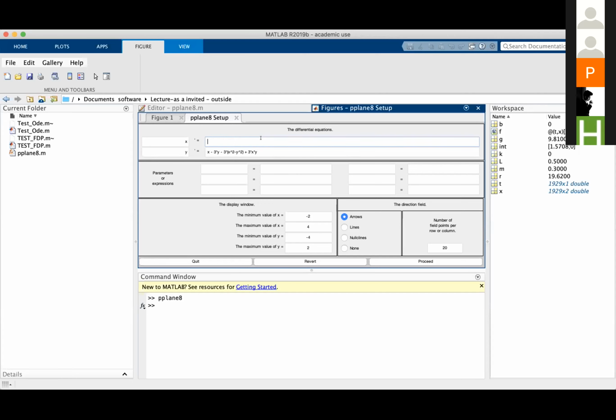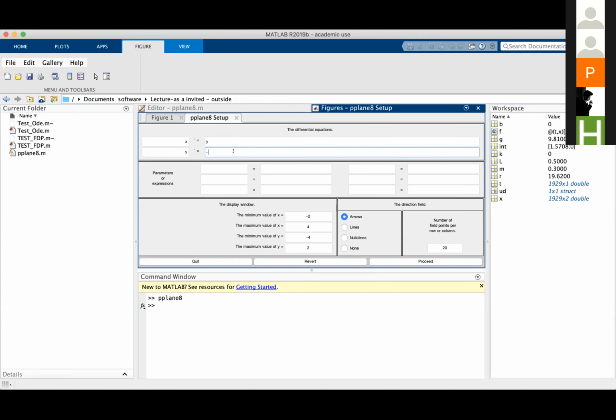We are having x of 2, so let's write it. It is y basically, in our case.